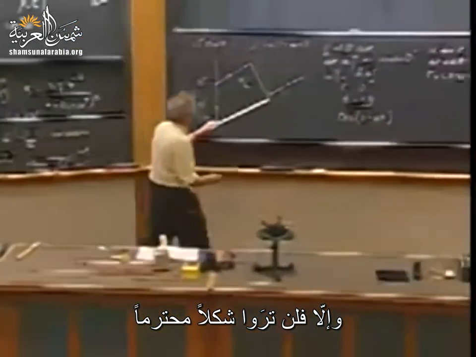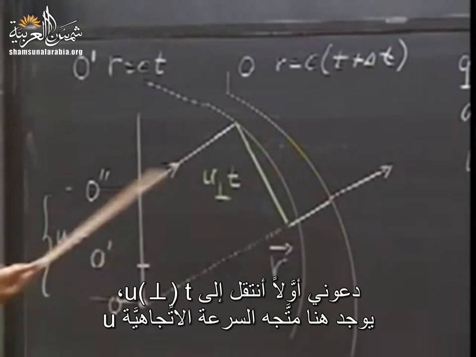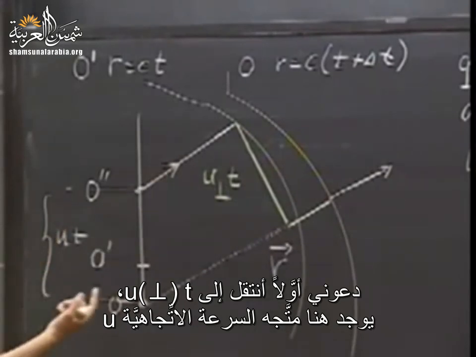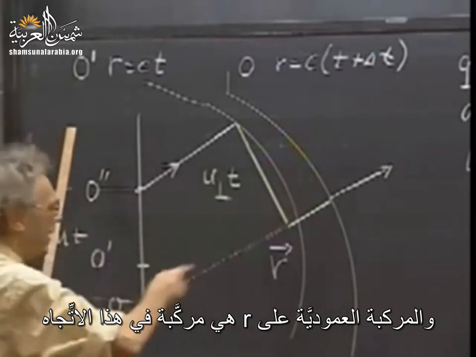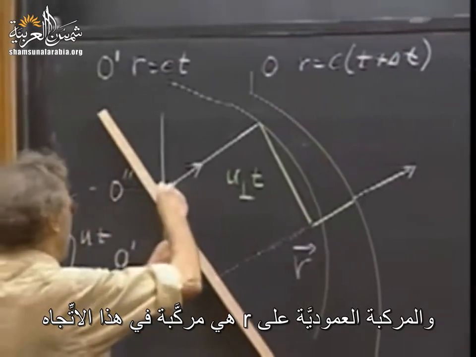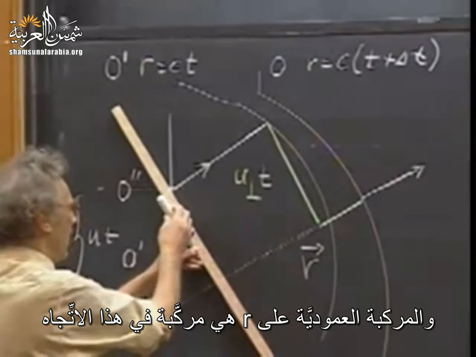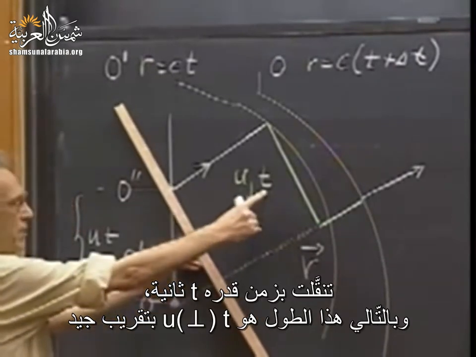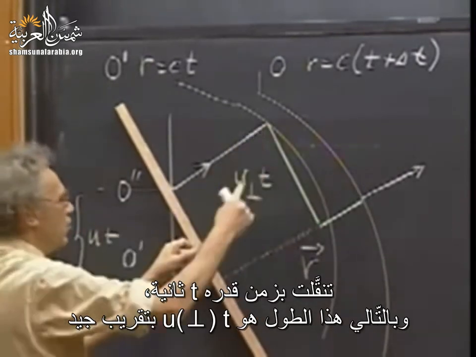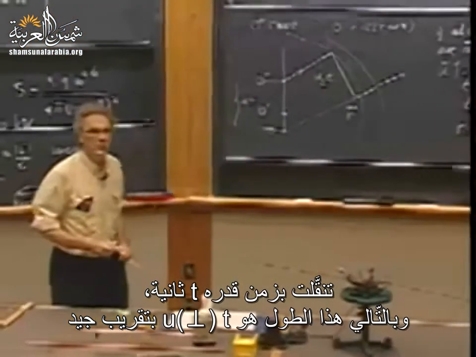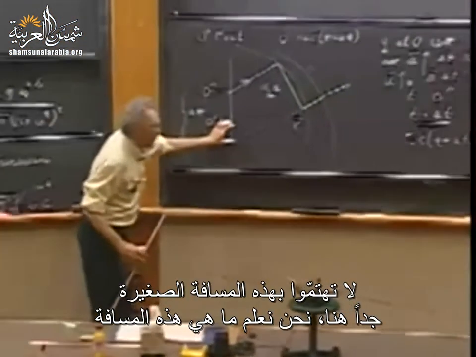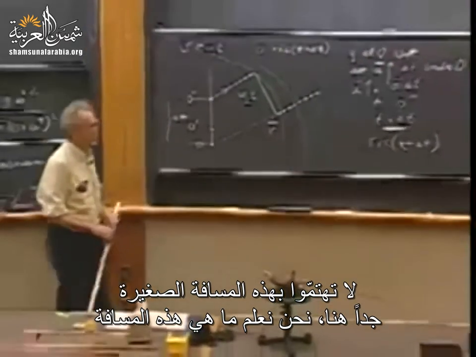And so this here, let me first go to u perpendicular t. There is here a velocity vector u, and the component perpendicular to r is a component in this direction. It's cruised for t seconds, so this length is u perpendicular t, to a very good approximation, forgetting about this little, teeny-weeny little distance.